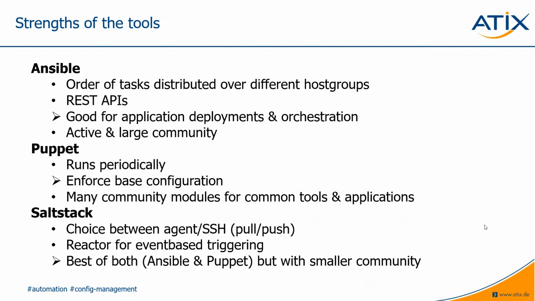Ansible is also great to talk to REST APIs, which means I can use Ansible as well to configure my network switches. And for those, often there are already roles available. And since Ansible is very good at this, I push something to my system and it's more of a fire and forget principle. This is often used for application deployments and orchestration.